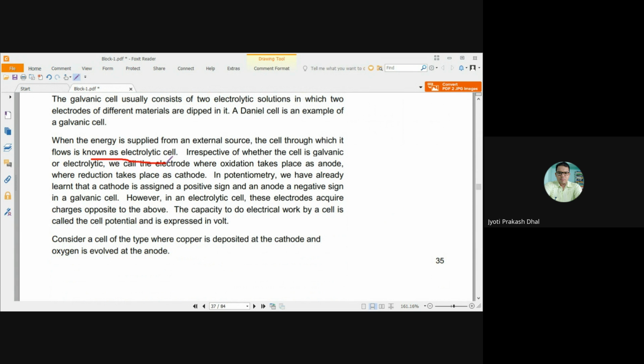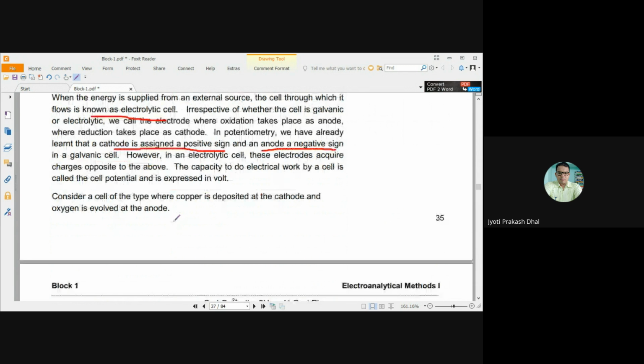Irrespective of whether the cell is galvanic or electrolytic, we call the electrode where oxidation takes place the anode, and the electrode where reduction takes place the cathode. In potentiometry, we have learned that the cathode is assigned a positive sign and the anode a negative sign.